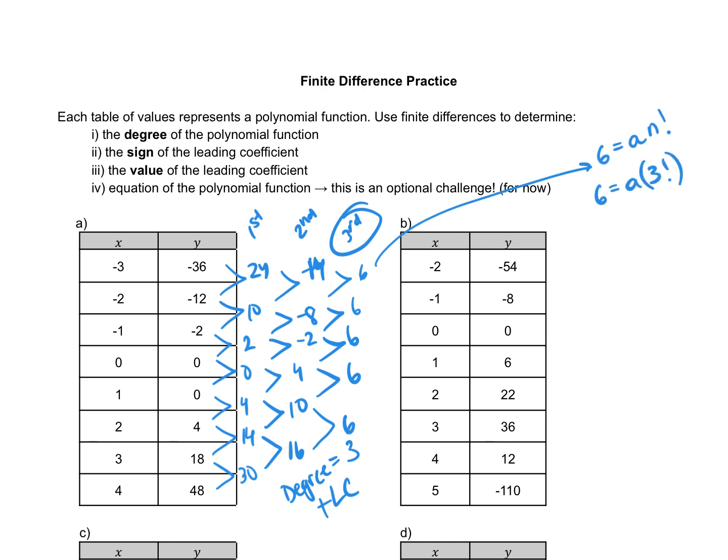So the leading coefficient would get multiplied by 3 factorial. 3 factorial is 3 times 2 times 1, which is 6. So our a value must be 1 in this case, and positive 1. So there's a pretty full example of how we can use those observations to find some general information about our polynomial.